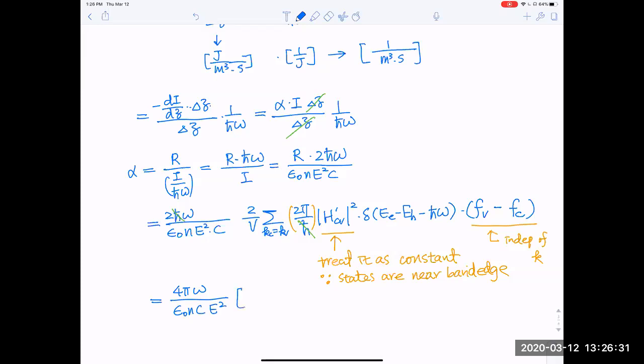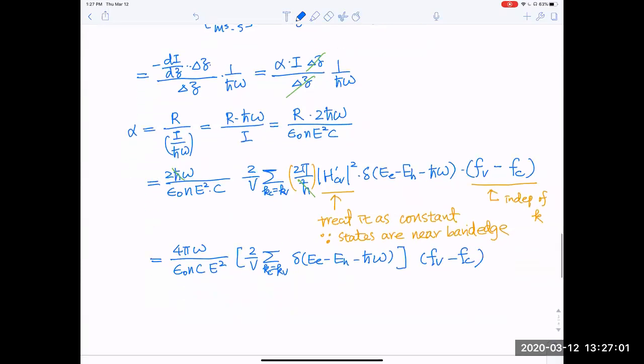And then we have this term, 2 over V, sum over k, with Kc equal to Kv, and we have basically the delta function, E minus EH minus h bar omega. And let's take FV minus FC also out of the summation.